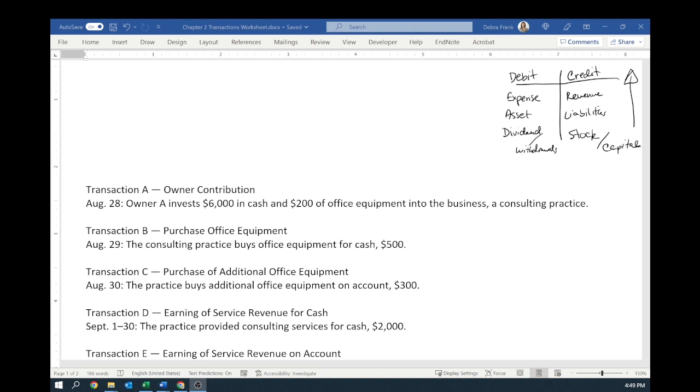We have an extra $200 worth of office equipment in the business. And then we also know that we need to reflect that this owner A has some capital. So owner's capital of $6,200. So we have 3 accounts that we need to do a T account for. Let's do some T accounts then. We'll say, okay, capital was one of them. And then we had office equipment.